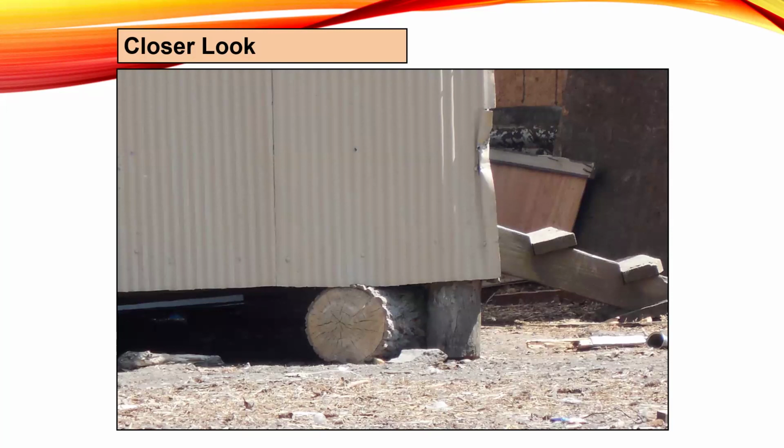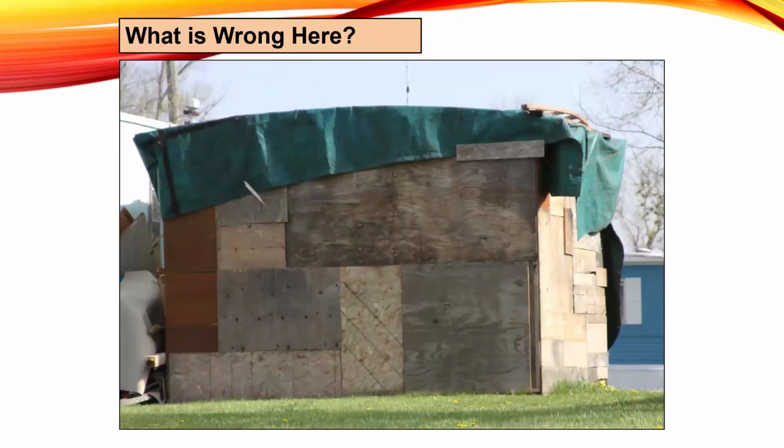So again, not the right materials, not properly elevated, not vented, and it might also be a local code enforcement issue. So just other types of things to look out for when you find these accessory structures just popping up in the community. The same thing here with the materials, no elevation, no venting, not anchored.